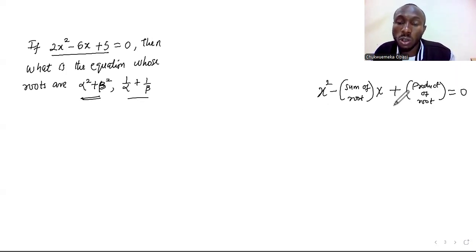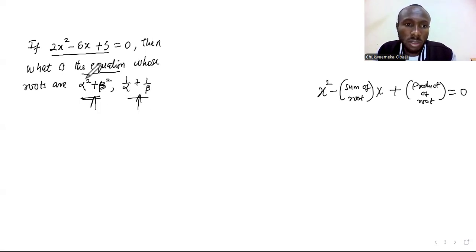That's the equation you want to form. So if you can tell me the sum of roots and the product of roots, I'll just plug them right inside here and get my equation, because they want you to form an equation that has this guy and this guy as the roots.